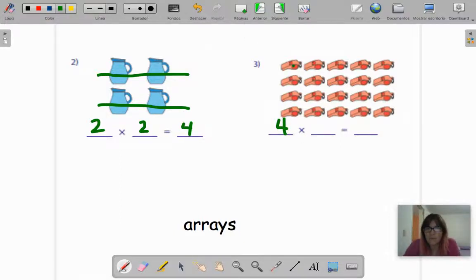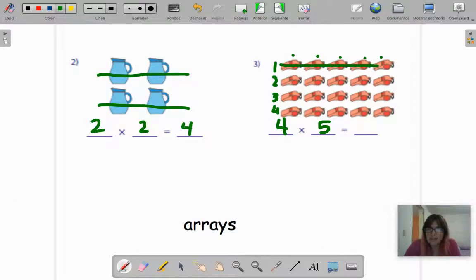We have 1 here, 1, 2, 3, 4, 5. So that means in each line we have 5. Okay, so we put that here. We have 1, 2, 3, 4 lines.